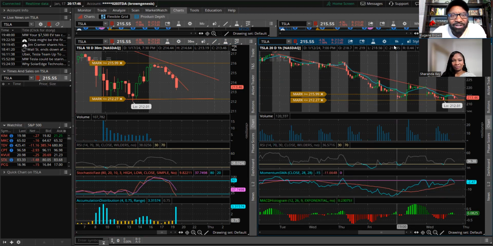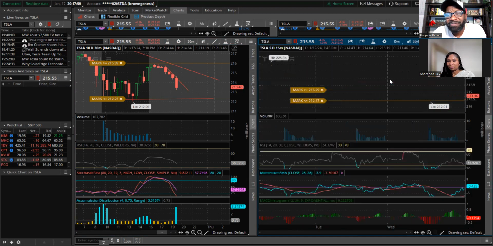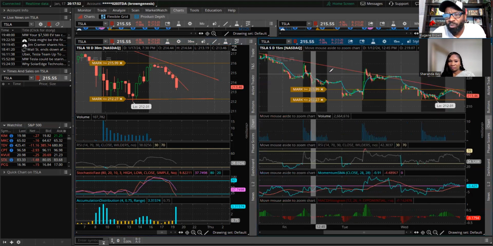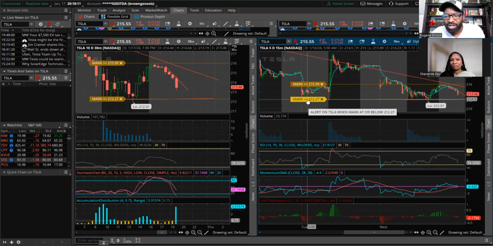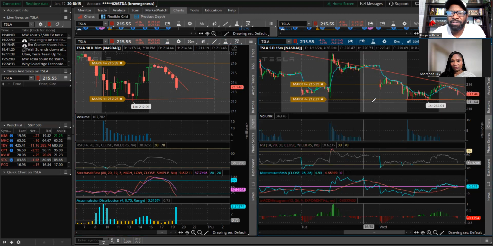So if I drill down into, say, a smaller time frame, the 15-minute, what might that tell me? There's that downtrend that was in place. I think this is a weekly downtrend line. I can see going back many 15-minute time frames that this 212 line, this area in here, has been holding since probably Tuesday. So we're only talking 15-minute time frame.